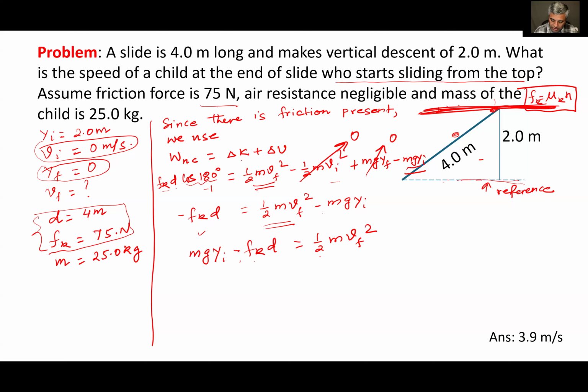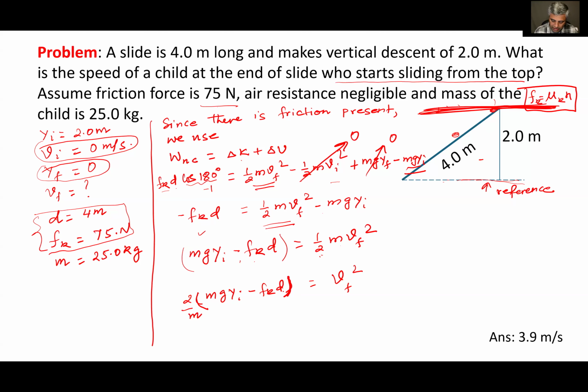So now let's solve for v_f. I need to bring this 2 here. So the 2 is dividing everything, so it's going to go and multiply everything on that side. And m is multiplying v_f squared, so it's going to go and divide. Okay, so v_f squared is going to be 2 times m g y_i minus F_k d, and we need to divide by m as well. Actually, I can just write it outside the parenthesis.